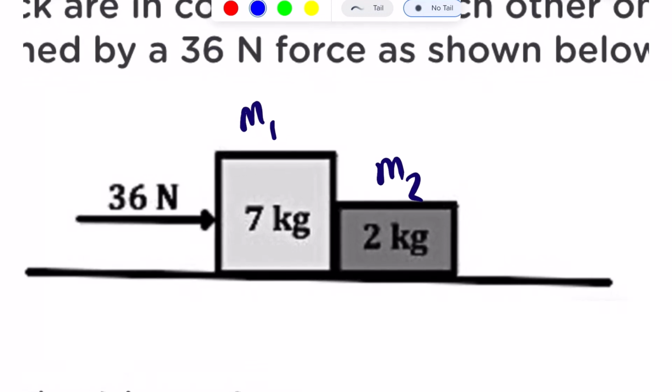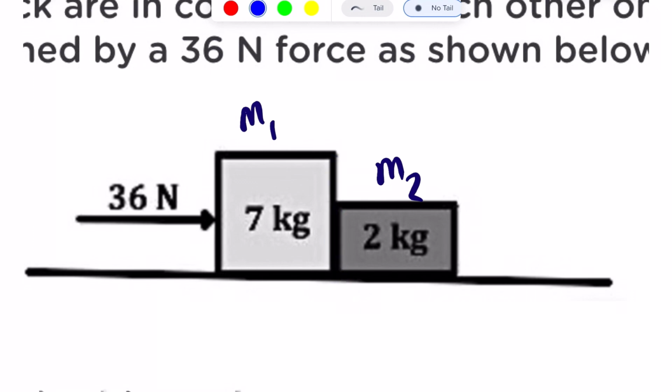Although the 36 Newton force is only directly acting on the 7 kilogram box, both of them would be moving forward, and that is because the 2 kilogram box is being pushed by the 7 kilogram box. And according to Newton's third law, the 2 kilogram box would also exert a force on the 7 kilogram box, and this force that exists between the two objects is what we call a contact force.